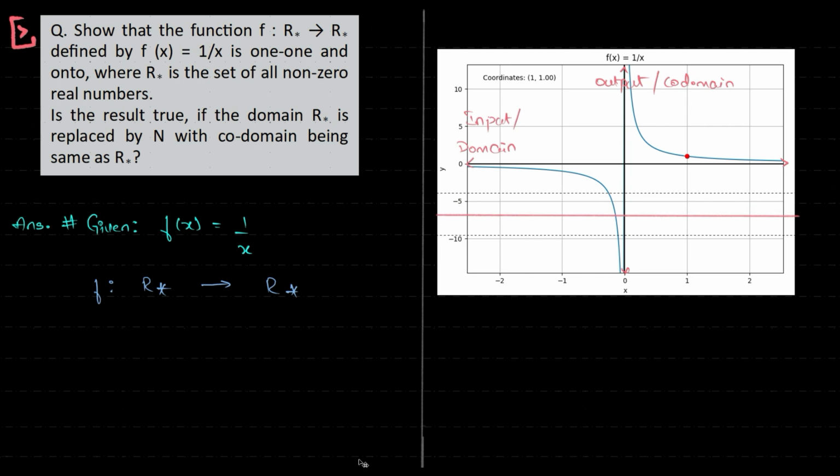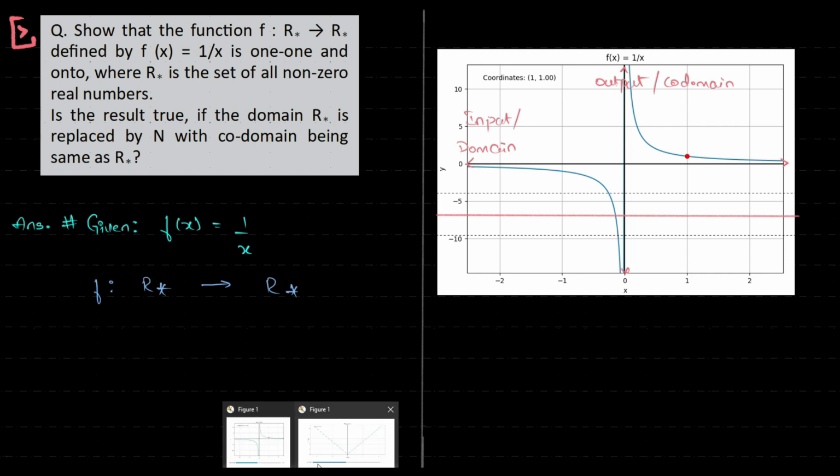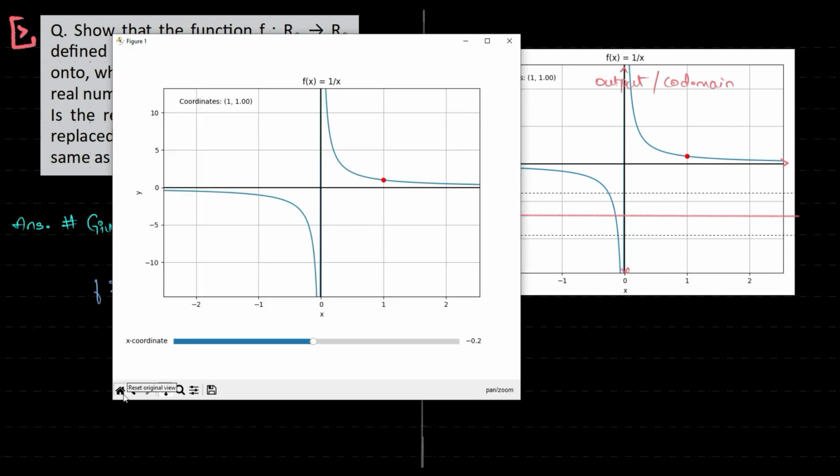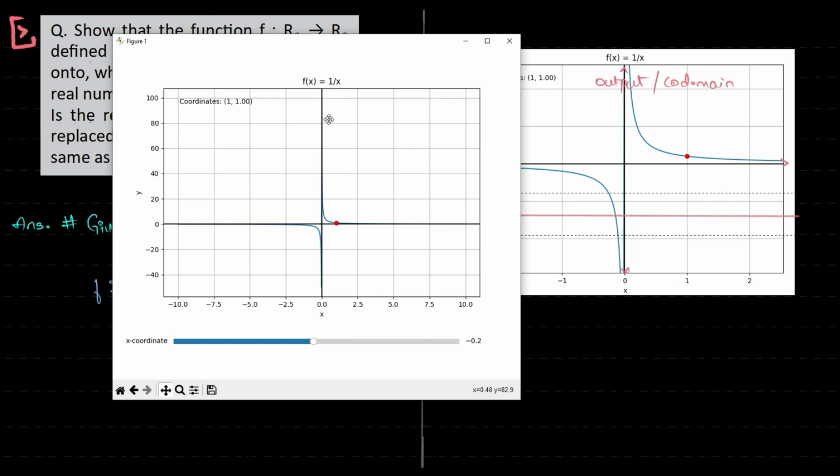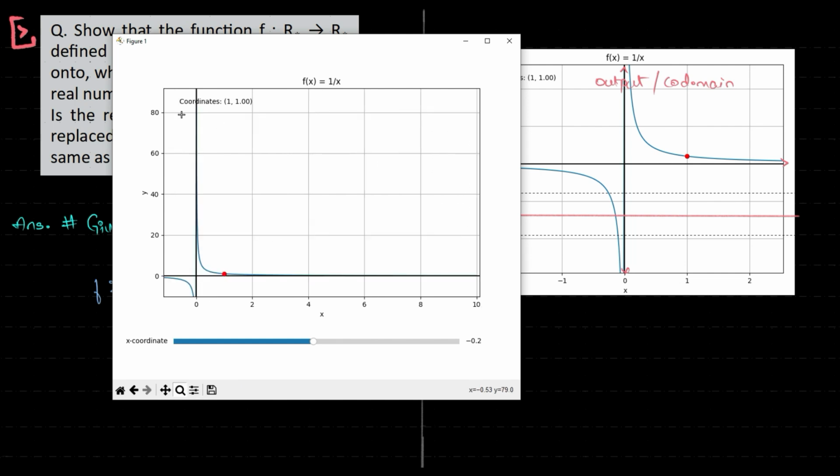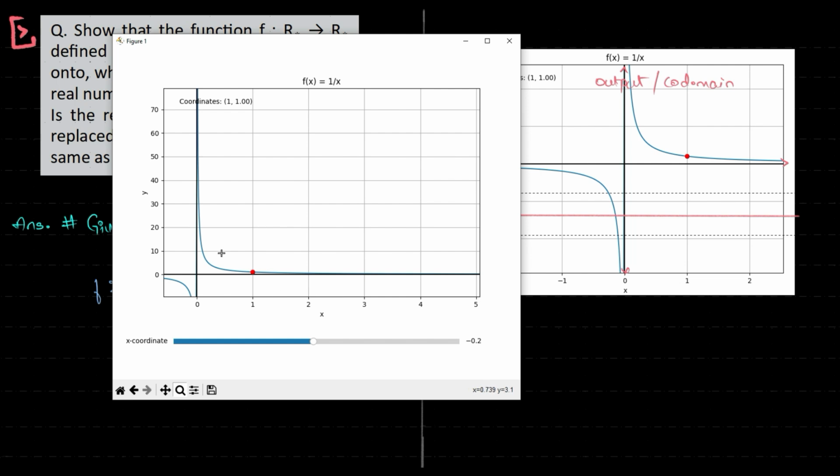Why? If you look at this graph again, we can see that we have quite a few possible outputs. Let me zoom in again. If I further zoom in, we can see that this graph is very close to the y-axis, and then it is almost parallel to the x-axis.